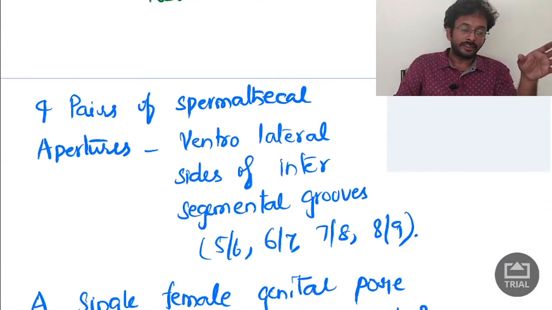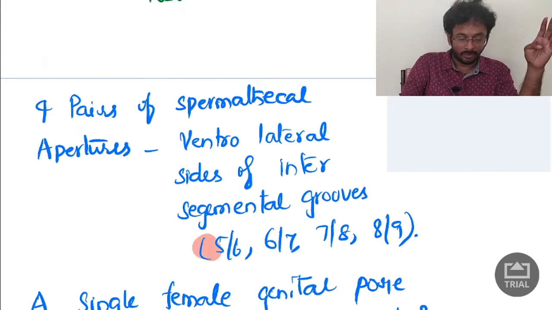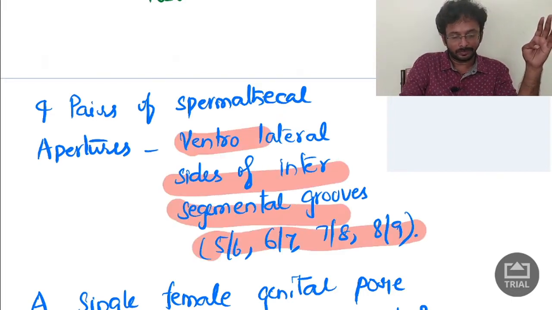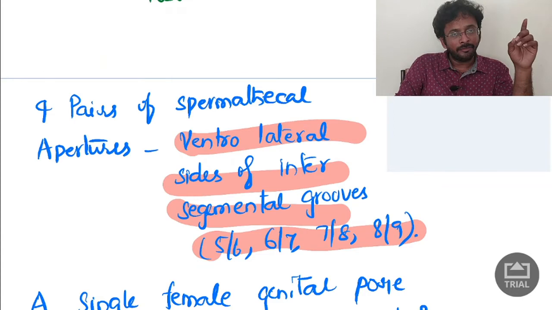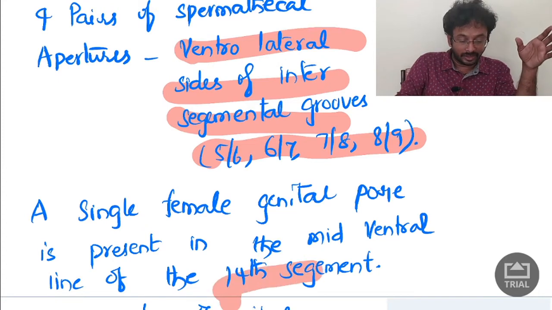Four pairs of spermathecal apertures are present ventrolaterally between the 5th to 9th segments, that is 5/6, 6/7, 7/8, 8/9. This will be seen diagrammatically also. A single female genital pore is present on the mid-ventral side of the 14th segment.